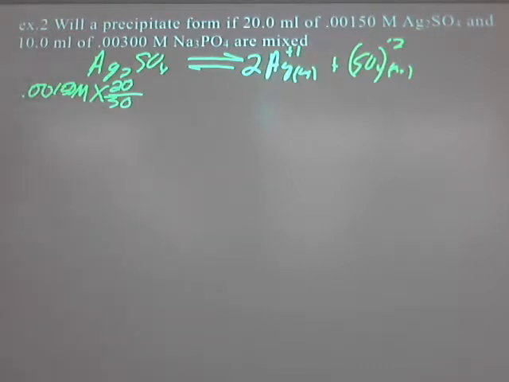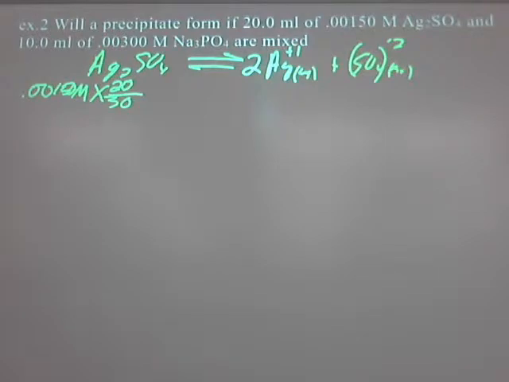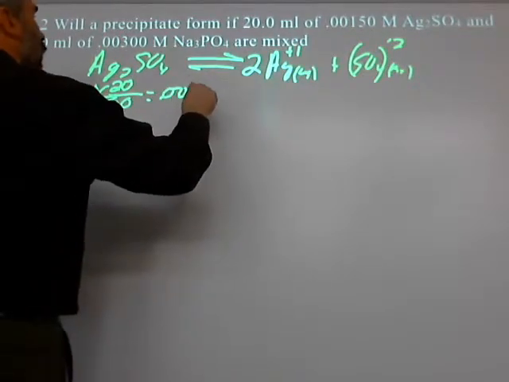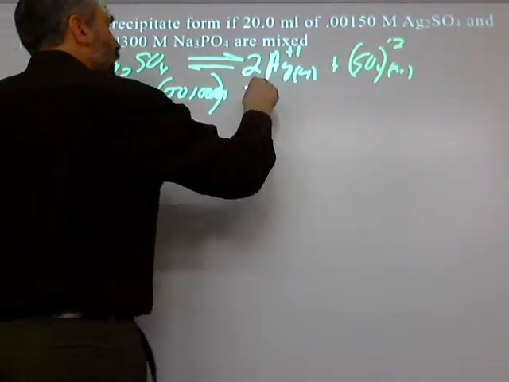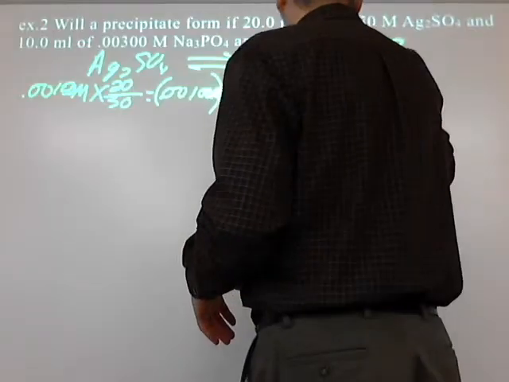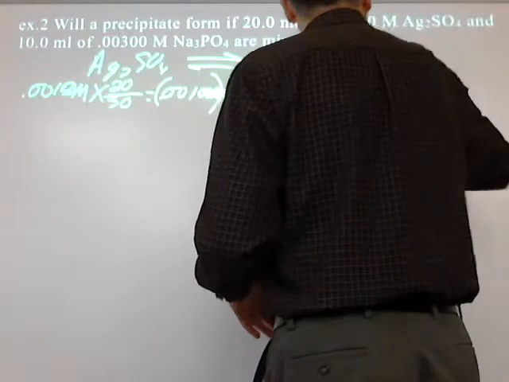That makes it a very easy calculation. It's basically times 2/3. 2/3 times 0.00150 is what? 0.00100 molar. Which makes this one 2 times 0.00100 molar, and this one 0.00100 molar.